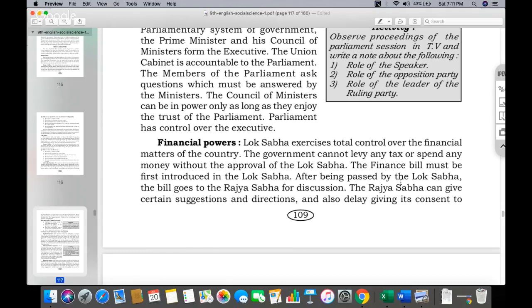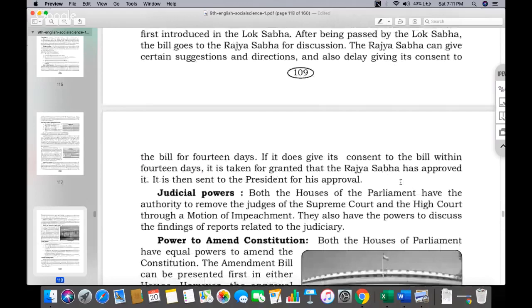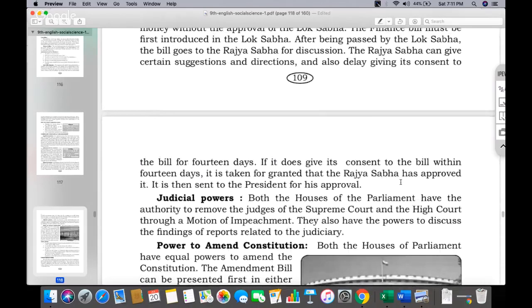The Rajya Sabha can give certain suggestions and direction, and also delay giving its consent to the bill for 14 days. If it does not give its consent within 14 days, it is taken for granted that Rajya Sabha has approved it, and it is sent to the president for approval.